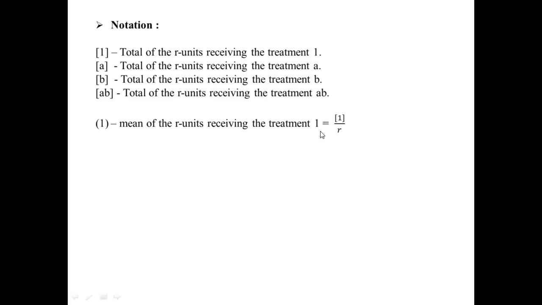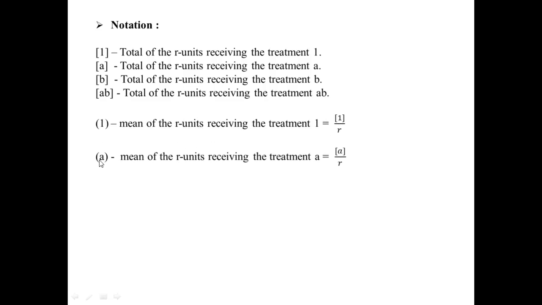If we assign each treatment R number of times, then open bracket 1 denotes the mean of treatment 1, and it is the treatment total upon the total number of observations. So here the treatment total for the first treatment combination 1 is square bracket 1, upon R, the number of observations for treatment 1. In this way we find the mean for treatment 1.